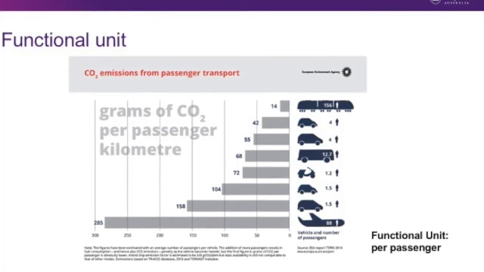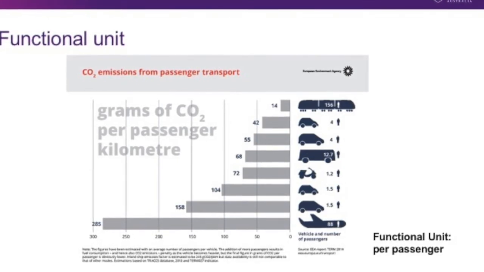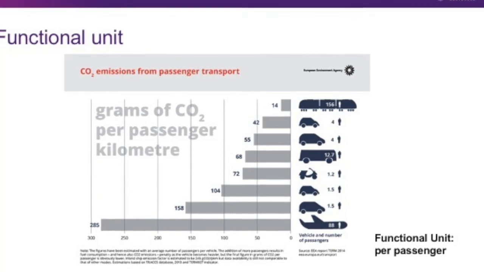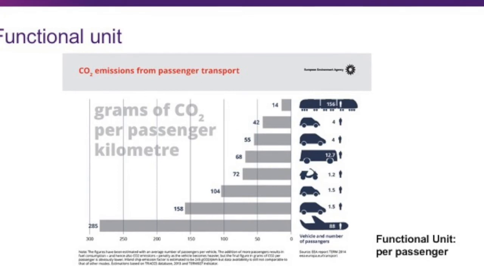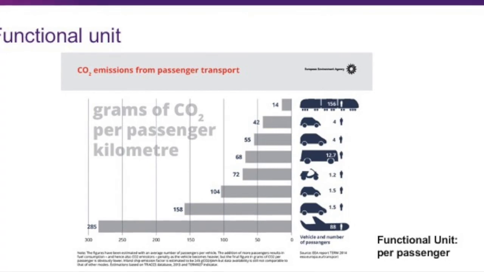This is very important because if we think about transportation, the implications of CO2 emissions due to transportation by plane or by car or by train must have this functional unit in order to be able to compare the impacts.